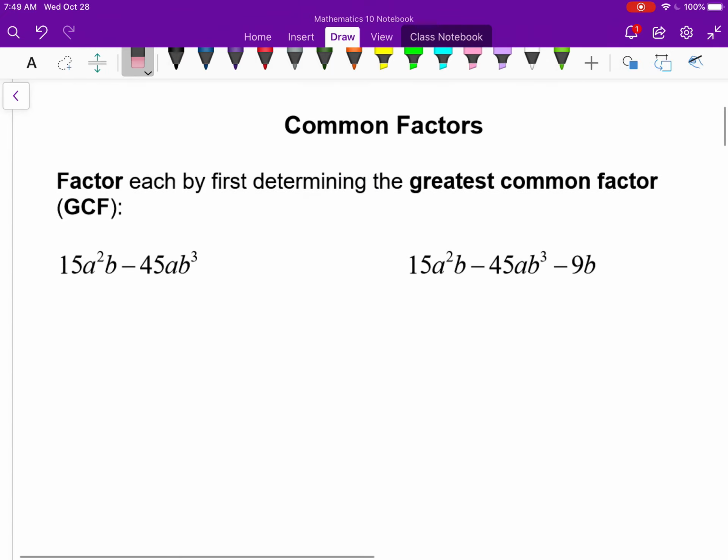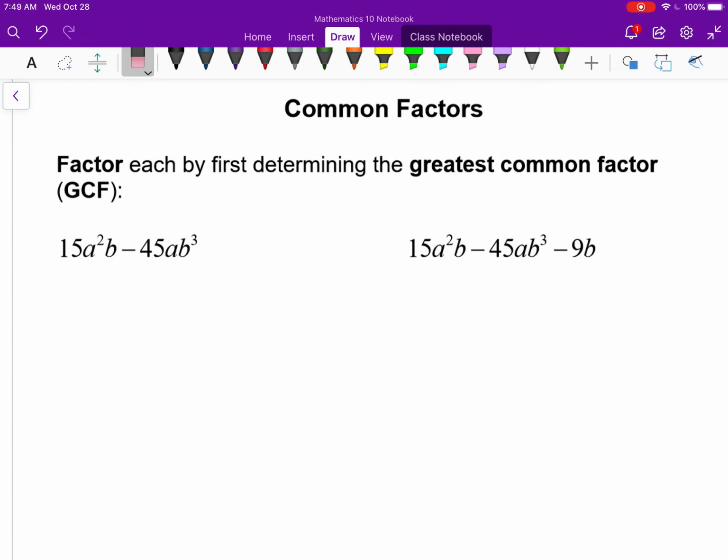Here we're factoring polynomials. How we do that first is by looking for the greatest common factor, the GCF, to say it a little faster. The greatest value that can be pleasantly divided out of all the terms. When I say pleasantly, I mean no fractions, no decimals.